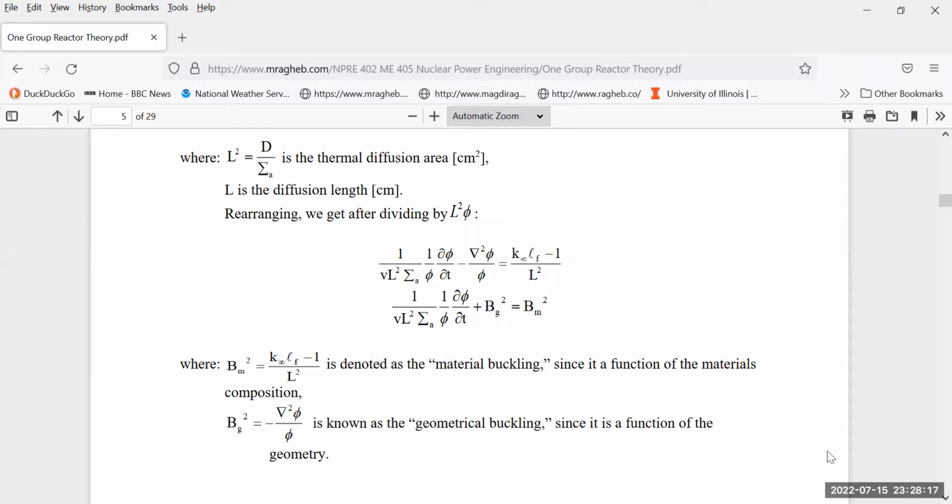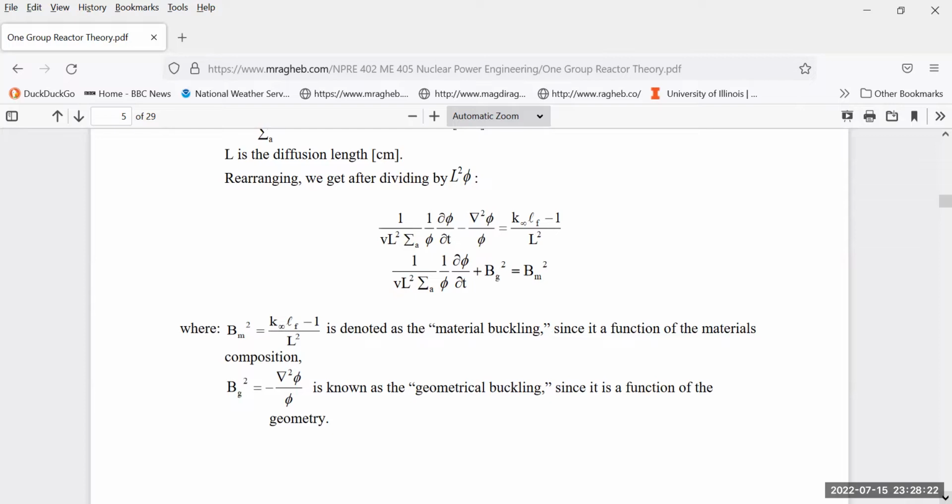Now we come to the very crucial step in our derivation. If we want a steady state, self-sustained chain reaction, then partial d phi by dt should be equal to 0. Which means that for a self-sustained chain reaction, I have to impose that the material buckling, B sub M squared, which depends on the material properties of the system, should be equal to the geometric buckling.